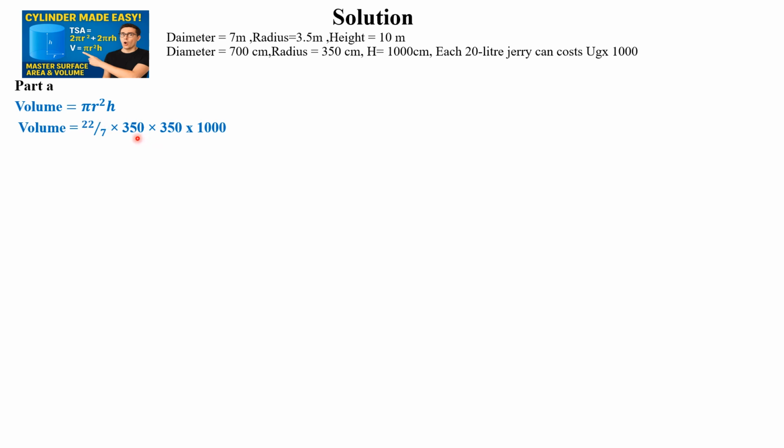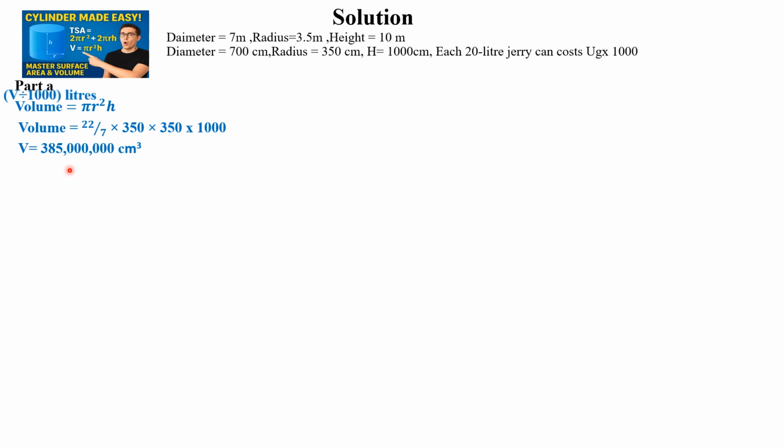That's why you are seeing me here again emphasizing that, because that mistake is mostly done by students. R power 2 or r squared, they get 350 times 2, but it is 350 times 350. And here the answer is 385 million cubic centimeters.